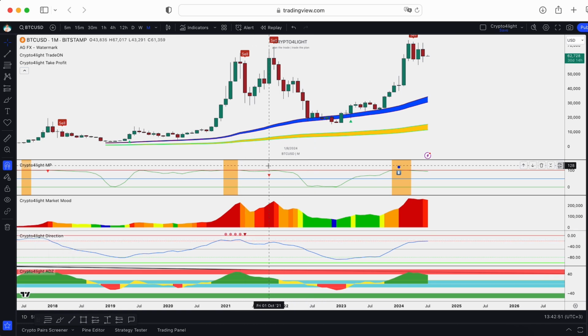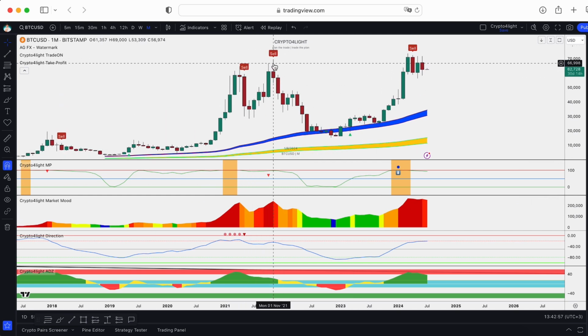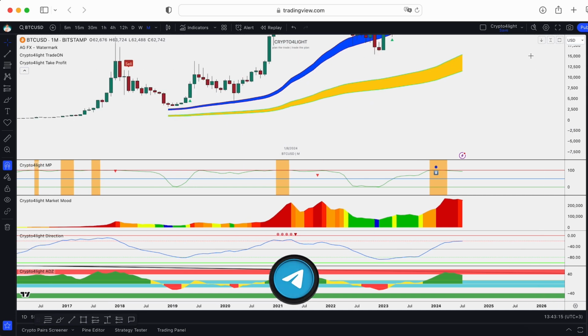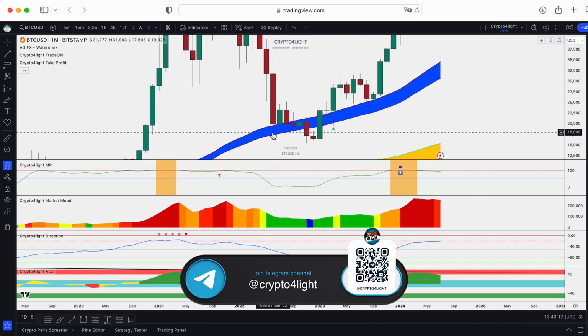And we crashed down, summer drop, bounce once again, formed a double top, one more signal to sell, confirmation exactly at the top, RSI bearish divergence, area, and we crashed down. What can we see next? When we dropped in June, we almost tested the take profit line above.